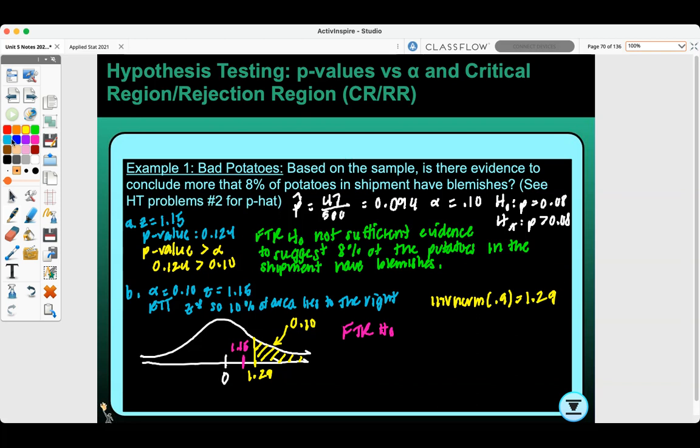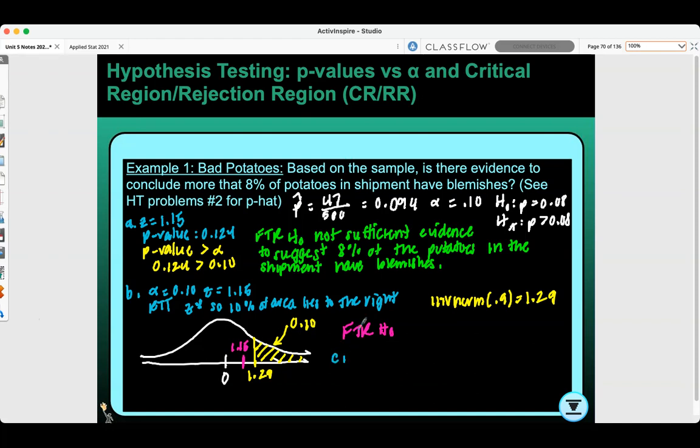So then bringing these together, my C, the third part: my z-score of 1.15 is not to the right of the 1.29 rejection region, so I fail to reject the null hypothesis.